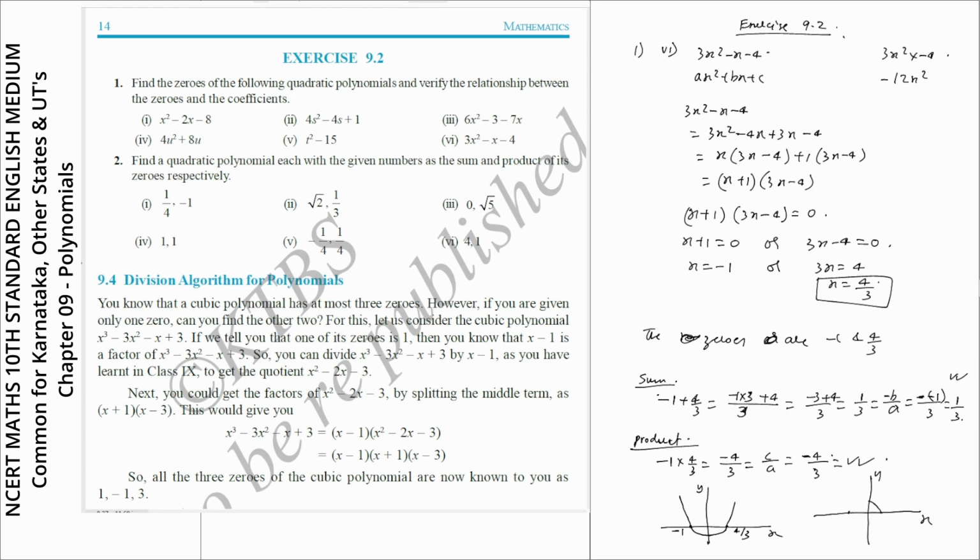You can check it out. In either of the two forms, the graph is going to be. So this is just an assumption. It may be in the first form or it may be in the second form. When we really plot it, we'll come to know how it's going to be.